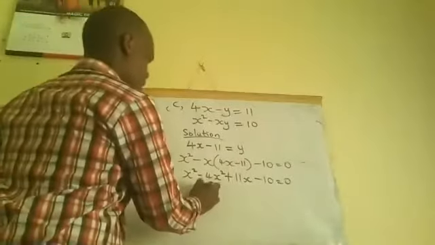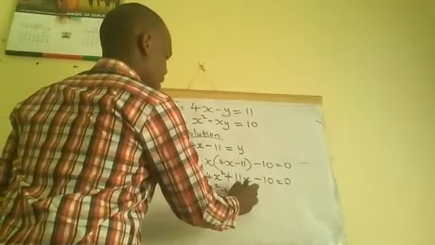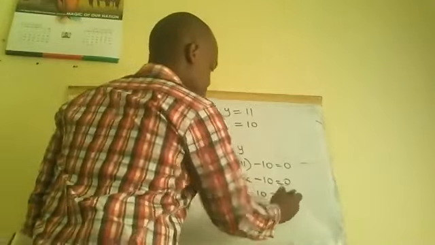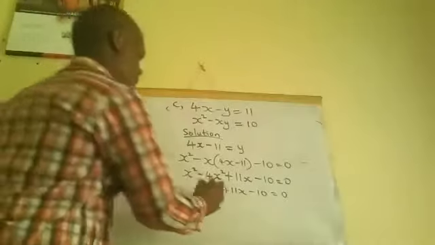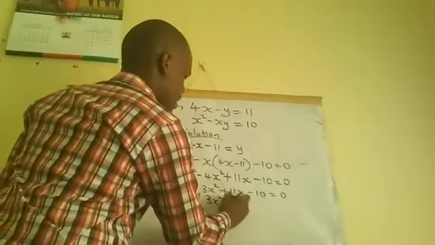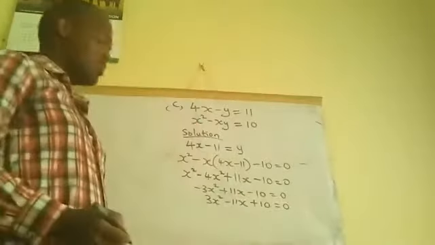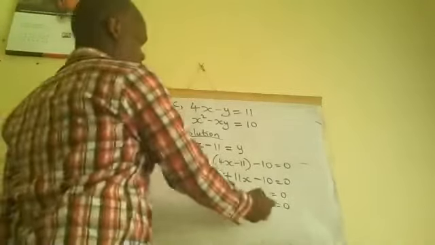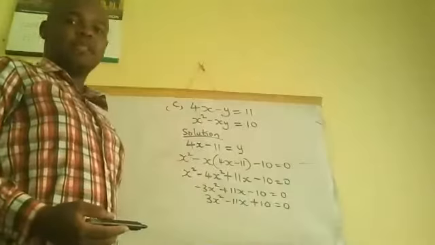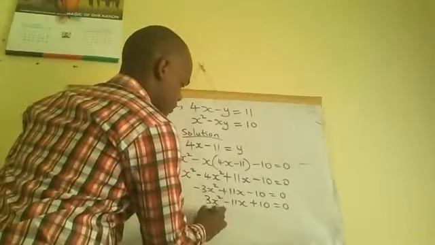So this comes to negative 3x squared plus 11x minus 10 is equal to 0. So what happens here, if I multiply through by negative 1, I'll get 3x squared minus 11x plus 10 is equal to 0. We check whether we can get two numbers whose product is 30 and the sum is negative 11, and that's actually negative 6 and negative 5.